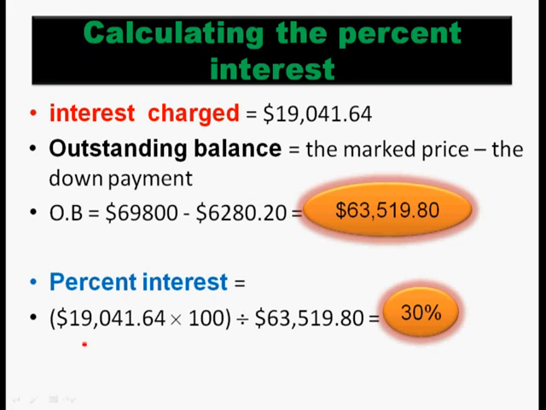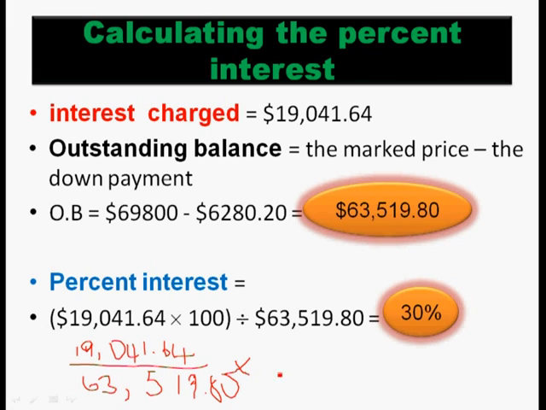You might write $19,055.94 over $63,519.80, and then multiply by 100.